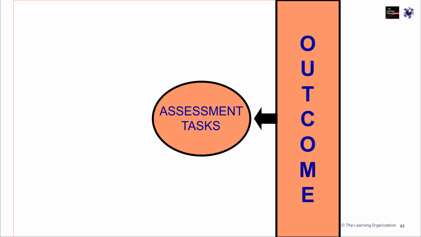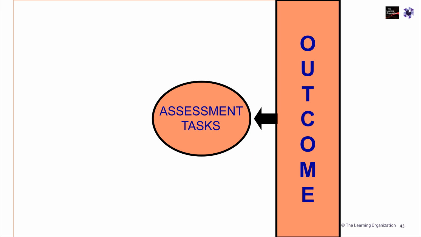So we need to put assessment in context of all of this. When you've got an outcome, you want to be able to know, how will I assess that outcome? What are the various kinds of assessment tasks, some people call them performance tasks, that they can actually do to show evidence of that outcome, and being able to define those.